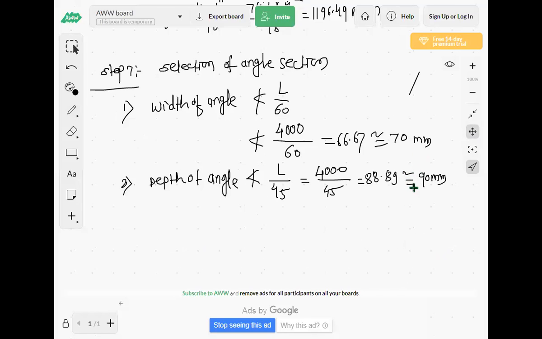So by using this width and depth ratio, we have to select the angle section from the steel table. So now we have to go to this steel table. See, so now go to steel table.